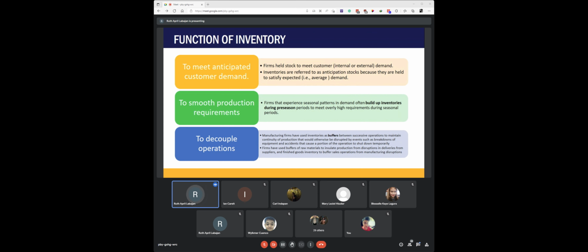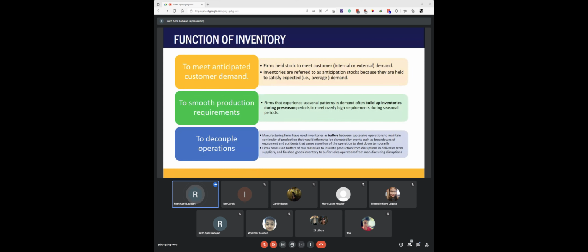So basically, before December comes in, Lego is already building up inventories. Let's say July, August, September, they are already building up inventories, so that when the season comes in, when December comes in, everything is smooth already. They will not be rushing to meet the demand in December.